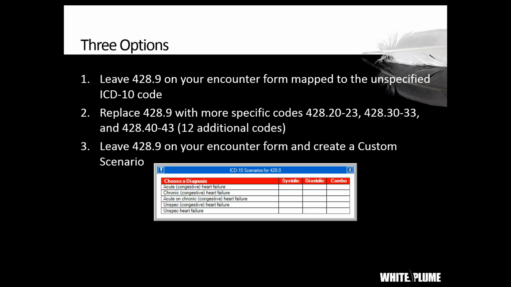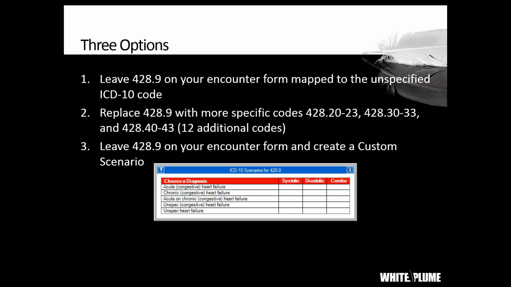But unspecified codes are something that you need to pay attention to, you need to look for, and you want to start correcting while you have time. You don't have to do all of those in the next 30 days. Okay? Unless you're starting to see those denials from your payers, you've got some time.